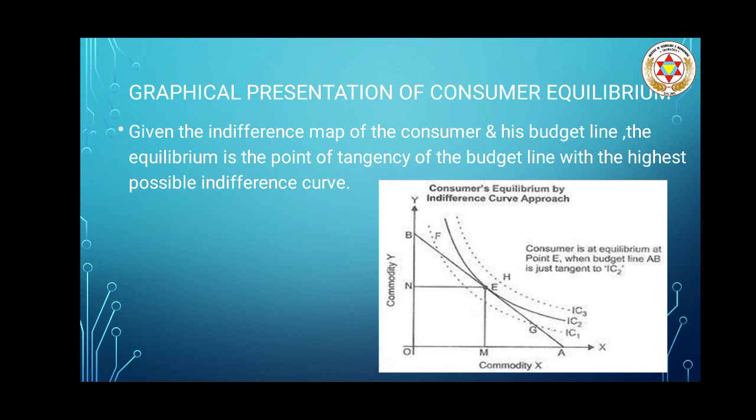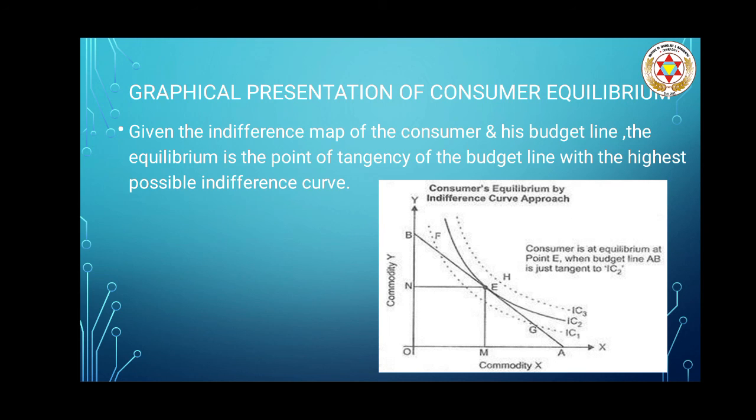Now, with the help of this graphical presentation, we can understand the concept of consumer equilibrium. Given the indifference map of the consumer and his budget line, the equilibrium is defined by the point of tangency of the budget line with the highest possible indifference curve. Here, the point of equilibrium E is where the consumer attains the maximum satisfaction.